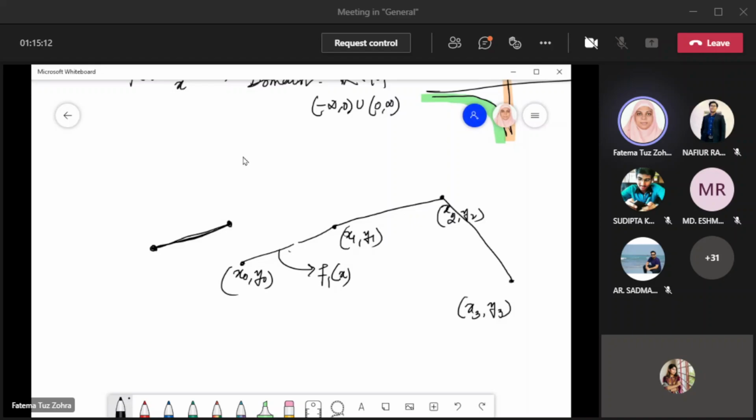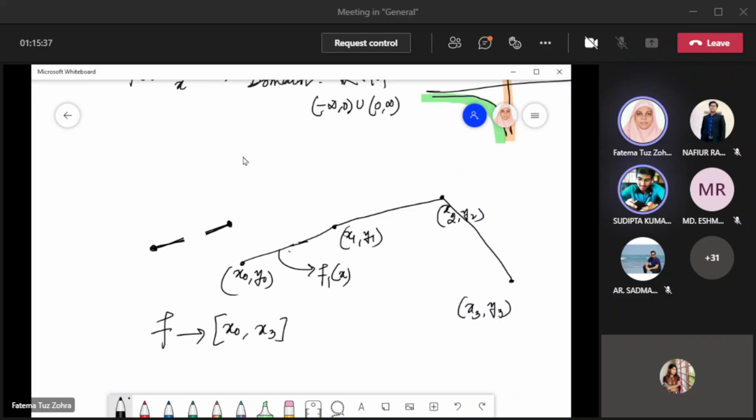That means from x0 to x3, the function is continuous. And the function has a domain from the starting point to the ending point.